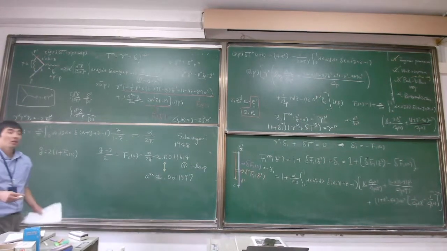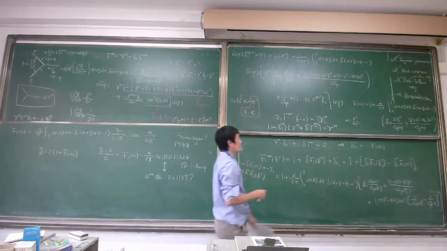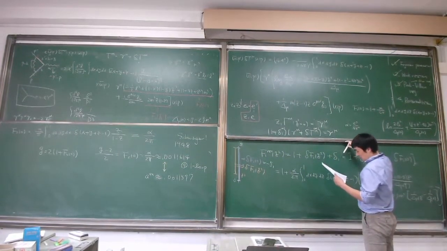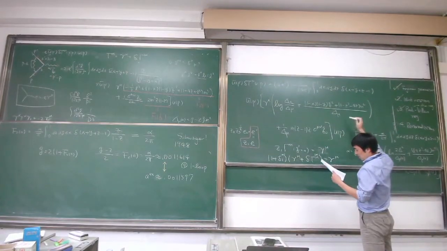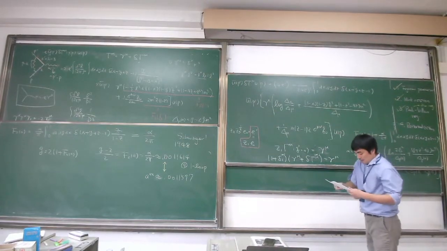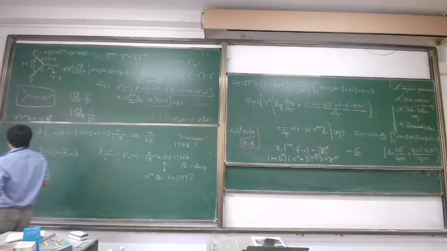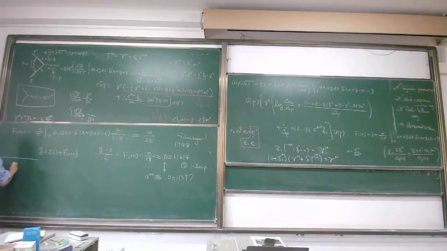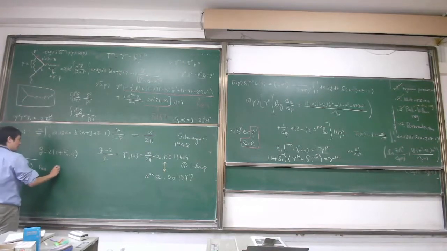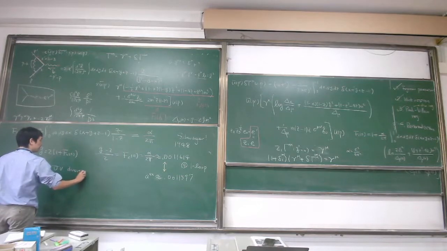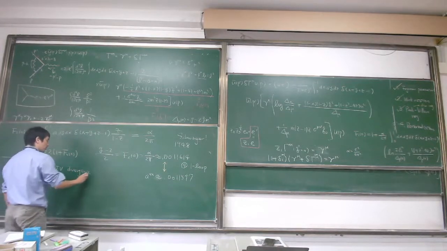Okay, next, we are going to talk about, again, F1. And this has so-called infrared divergence. So we understood how to regularize F1 of Q squared, which has UV divergence.